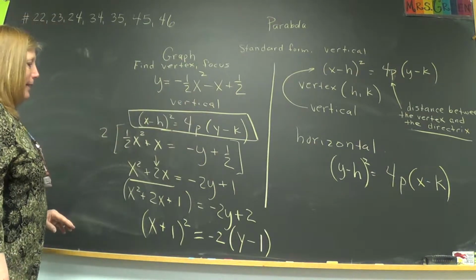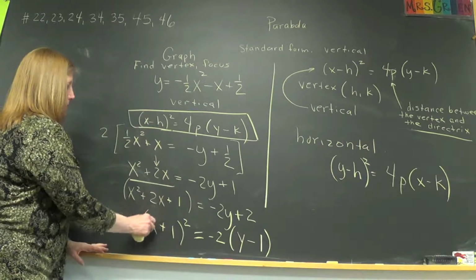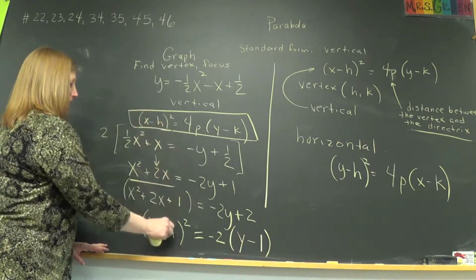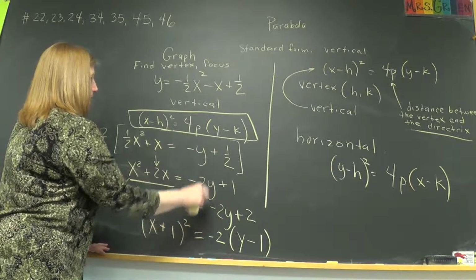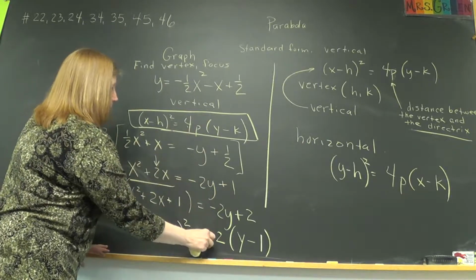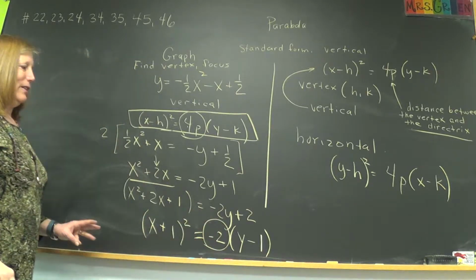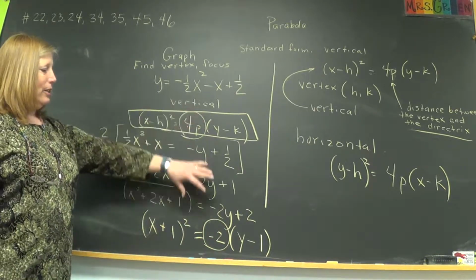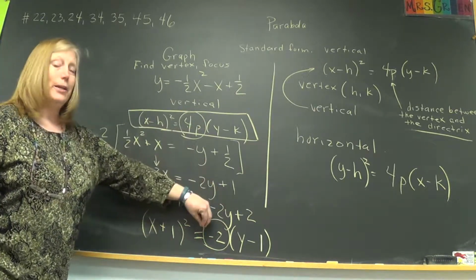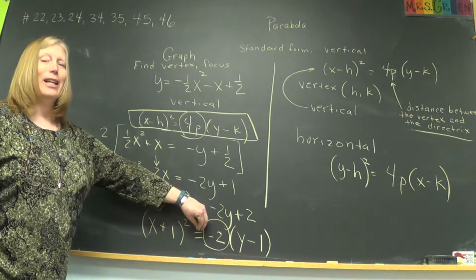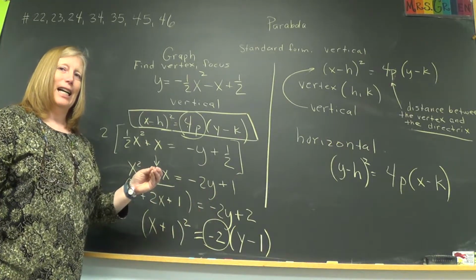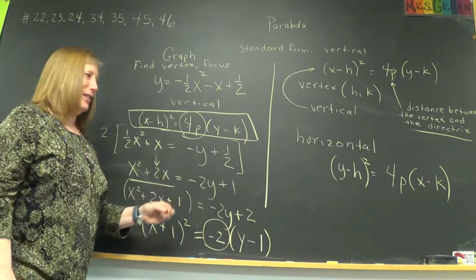All right. The only thing is, this matches this, this matches this, but this 4 and this p match this. So we're going to have to, in our minds, change this so that there's always a 4 in it. So what can I multiply 4 by to get a minus 2?